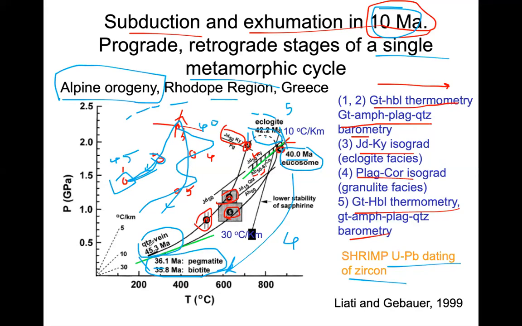It's 45 million years ago, right? This orogeny is very recent, and also it's very rapid. You see, within 10 million years, a complete metamorphic cycle has been completed. Okay, so these are the implications that you see from these metamorphic PT paths.